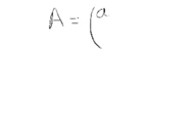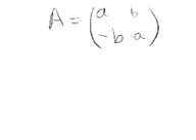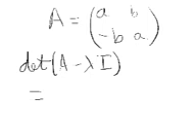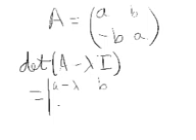First job, here's A, so A, B, minus B, A, and first job, of course, get the characteristic equation, so determinant of A minus lambda I. And this is going to give us determinant of A minus lambda, B, minus B, A minus lambda.